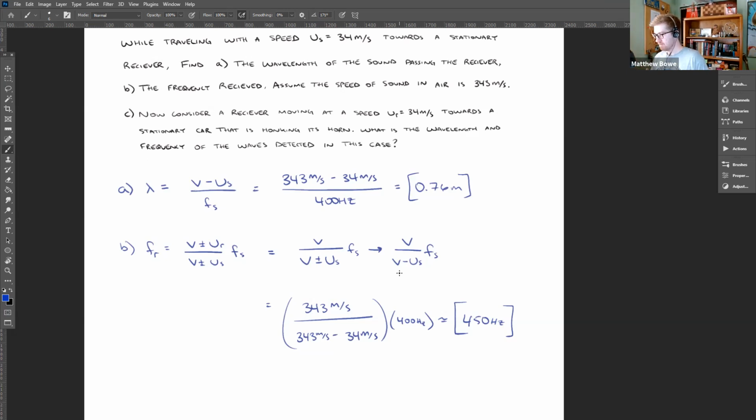For me, I'm one to think it's just going to be the same because it's the same speed. The receiver is now moving at 34 meters per second, whereas for the first two parts, the source was moving at 34 meters per second. This is where we actually need to do the calculation to prove this.